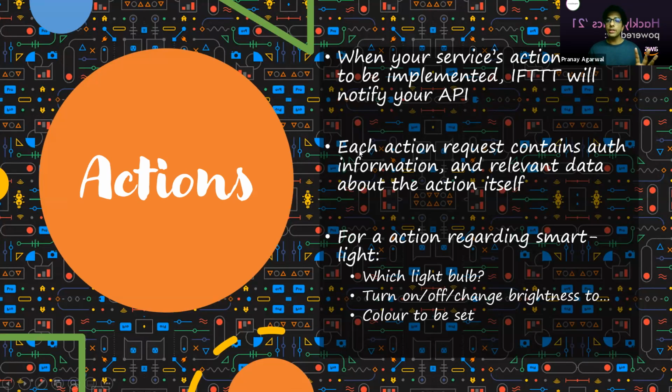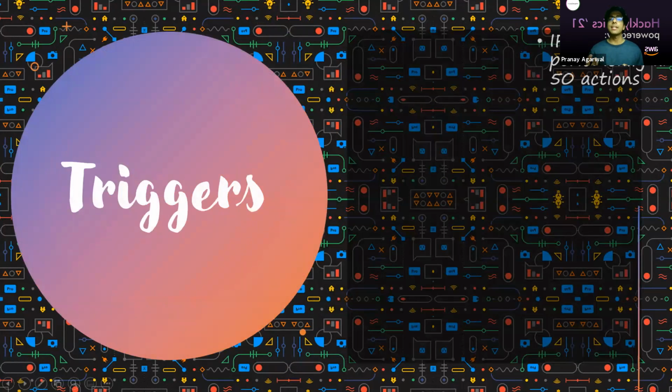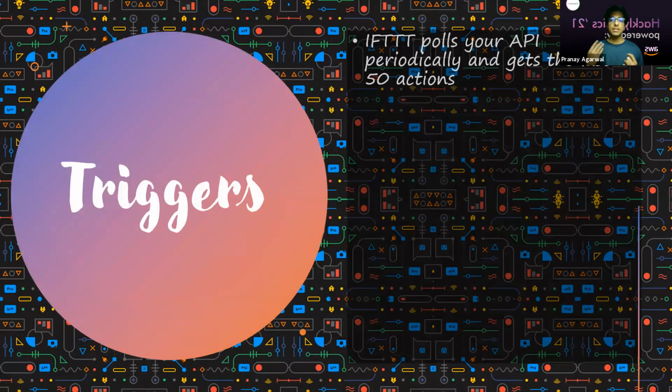But that's all there is in actions, that you get data, you set up an action, and with the authentication token, make that happen. The trickier part is triggers, right? So how does IFTTT know when something has happened? Basically, what it does is polls your API periodically.